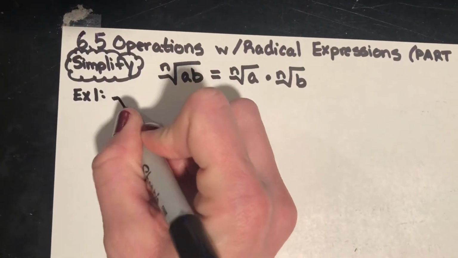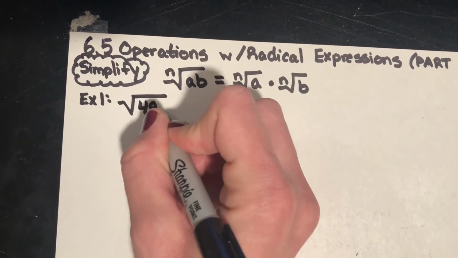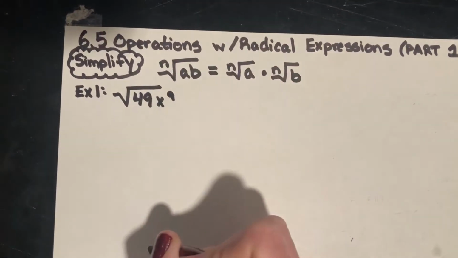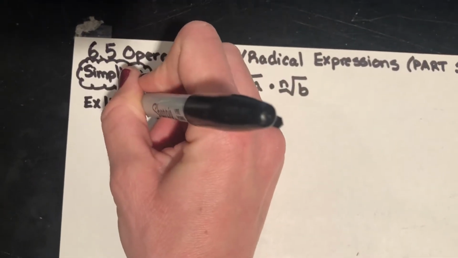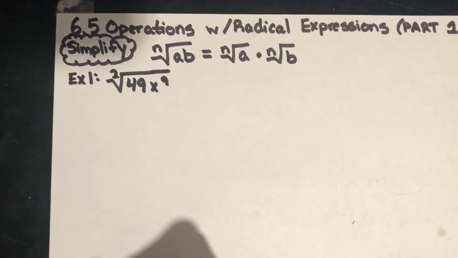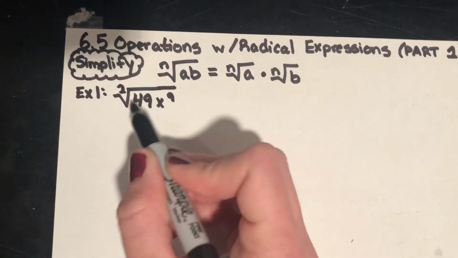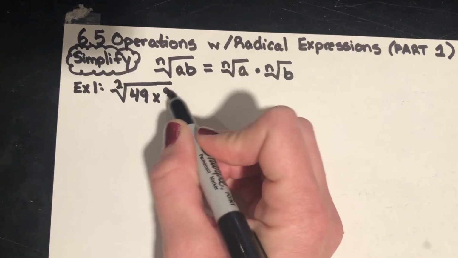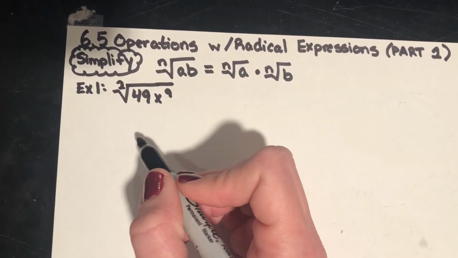So we have the square root of 49x to the 9th. Now, since this is a square root, we know that there's an invisible 2 right there. What we want to break this radicand, underneath the radical sign, up into is exponents that can divide evenly by the nth root, or by the index.